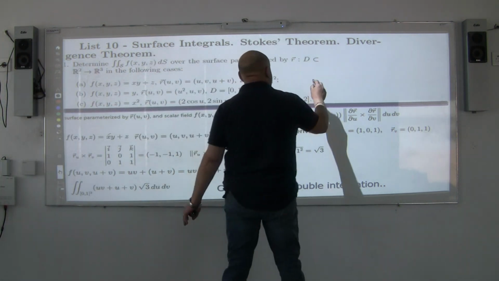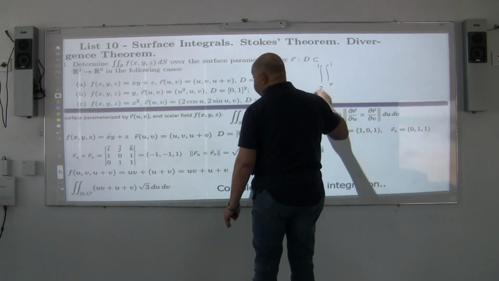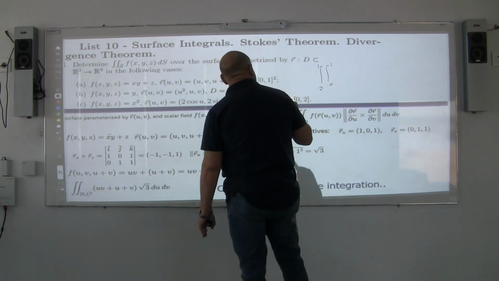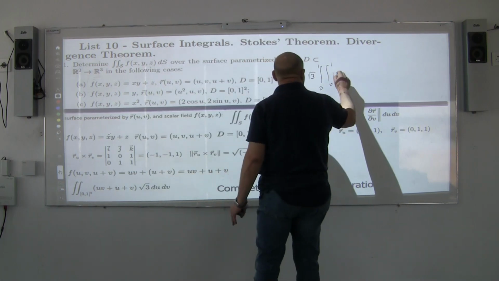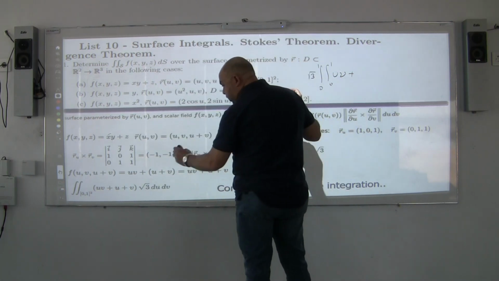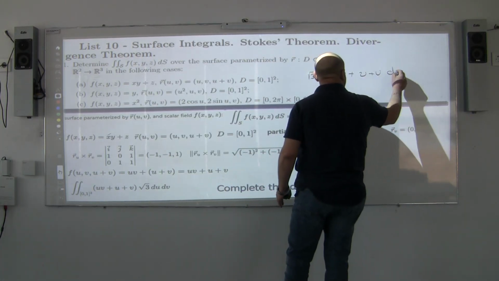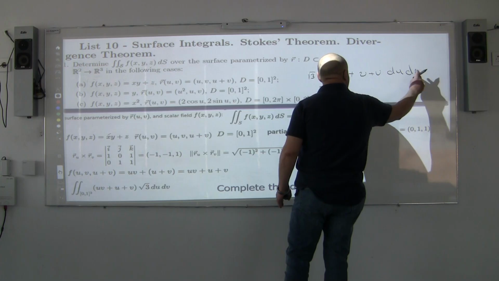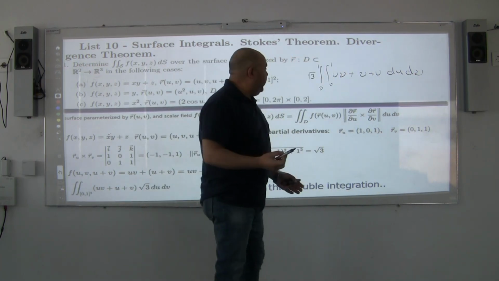And to be sure that you are following me correctly, so this is 0 and 1, 0 and 1. The integrand here, I have root 3, which is going to be outside. I have uv plus u plus v. I will integrate with respect to u, then with respect to dv, as you can see, it's a piece of cake.